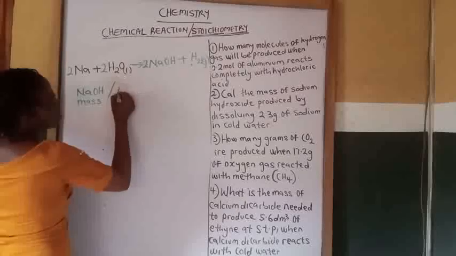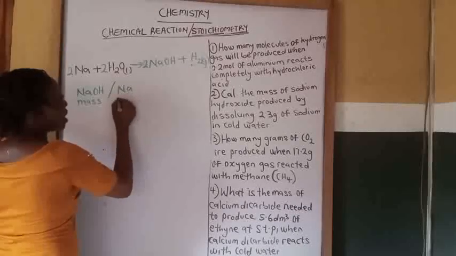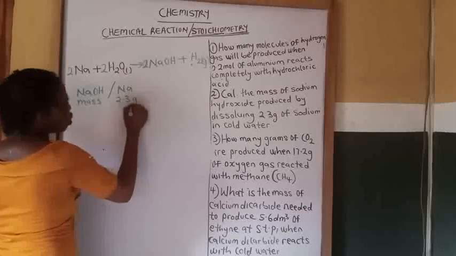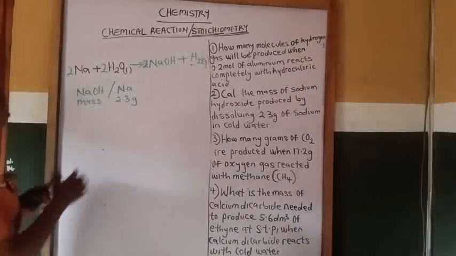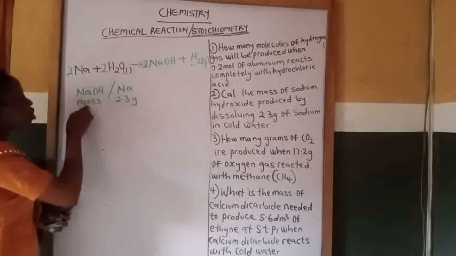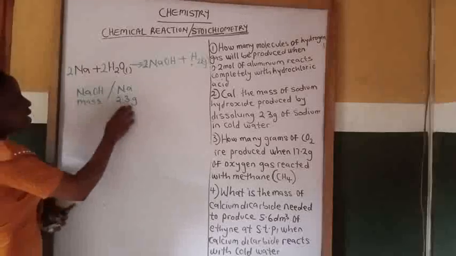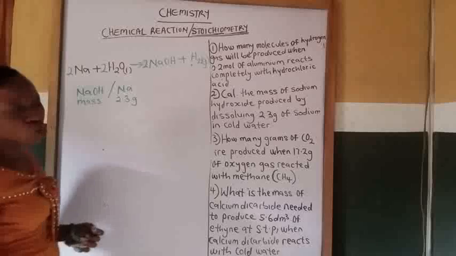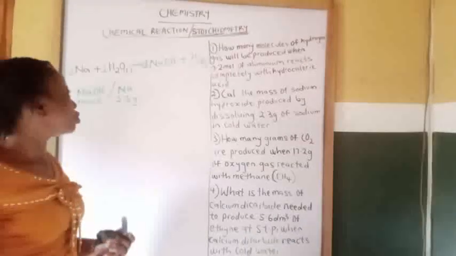So we also need sodium in grams, that's 2.3 grams of sodium. So this question is a mass relationship. The first substance is in the form of mass, then the second substance is in the form of mass. So we call it mass relationship.